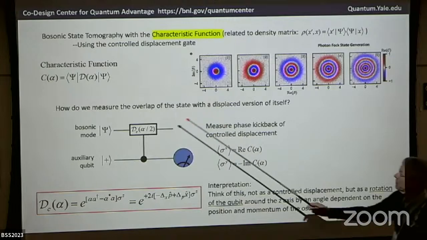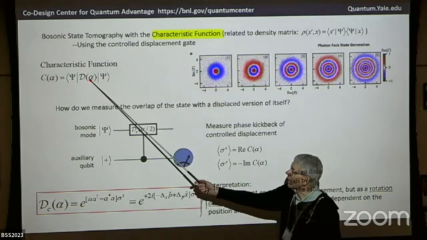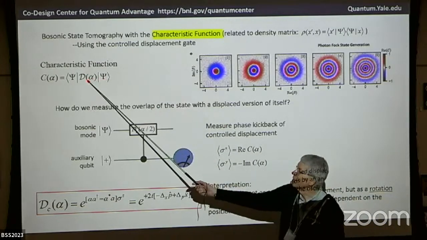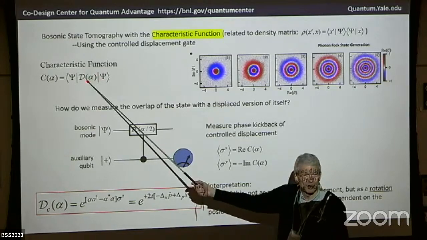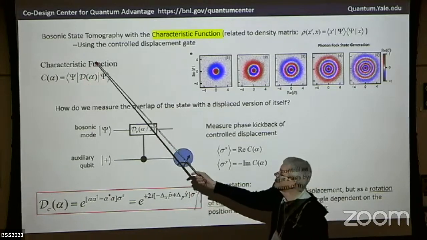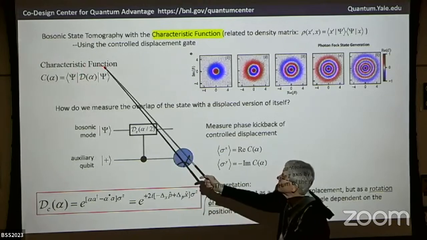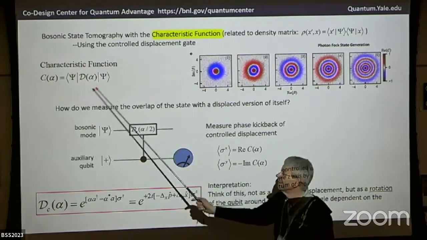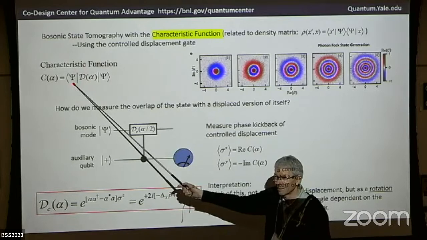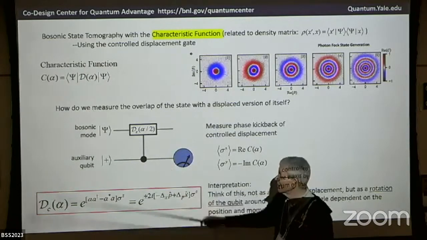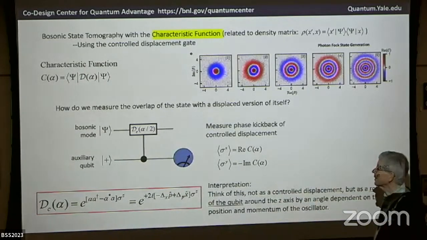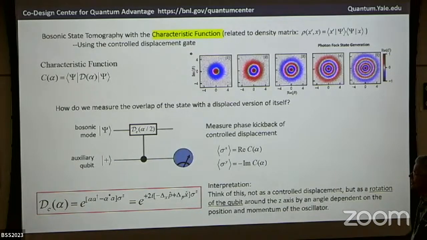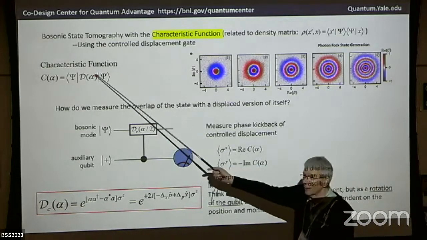The characteristic function is the expectation value in the state of an unconditional displacement operator, or it's the overlap of a displaced version of the state with the state.